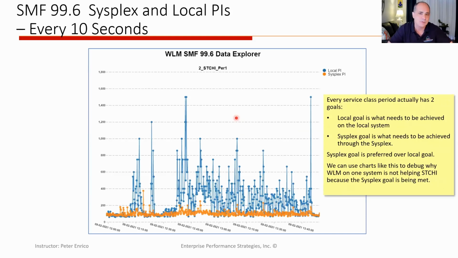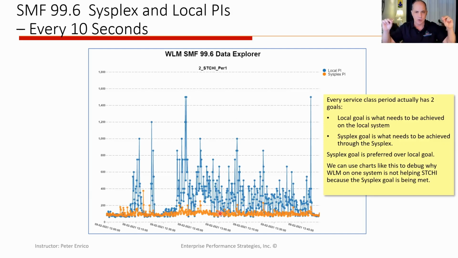Here's an example of looking at the PIs. In this particular case, I'm looking at the performance index of STC high, but I'm looking at both the local performance index and the Sysplex performance index. The Sysplex performance index is going to give us insights into how well Workload Manager believes STC high is doing throughout the Sysplex. Almost as if we took all of our systems and crunched it into one big set of numbers.